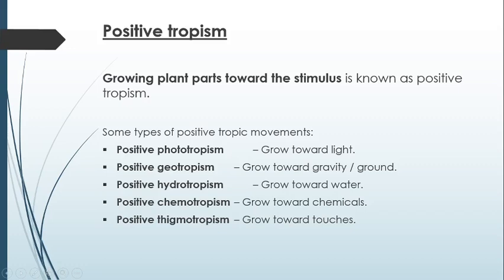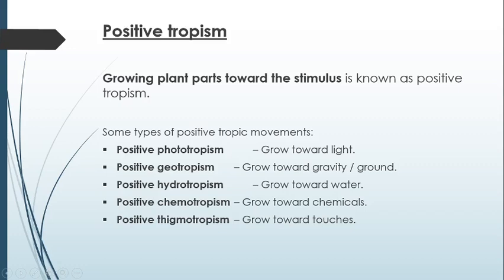According to the stimulus type, we can identify a few types of positive tropic movements. Some of them are given here as examples. Positive phototropism means growing the plant toward light.